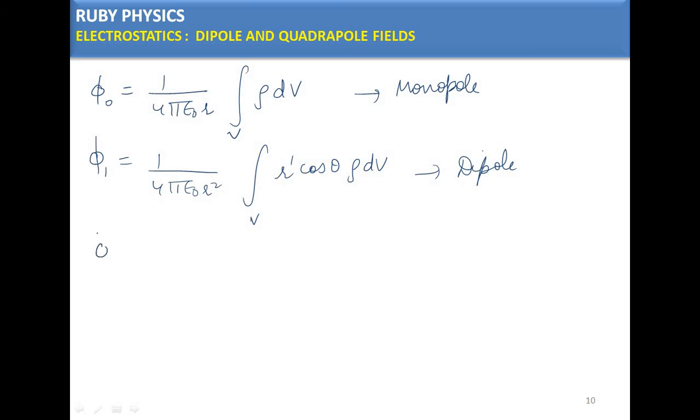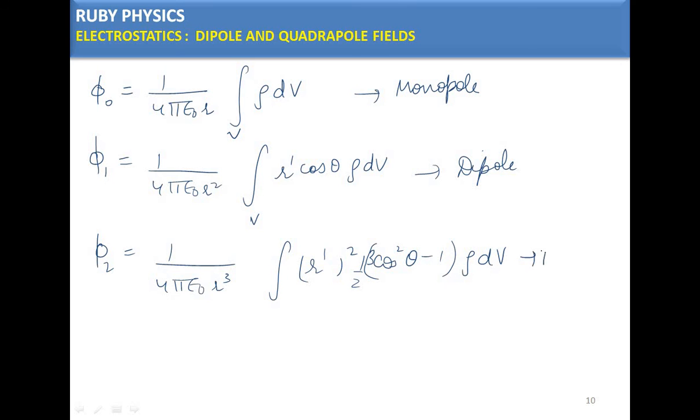Then phi 2 is equal to 1 upon 4 pi epsilon naught r cube, integral r dash squared, half will also come, (3 cos square theta minus 1) rho dv.